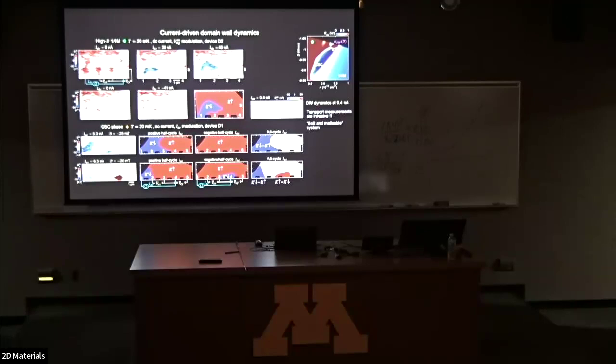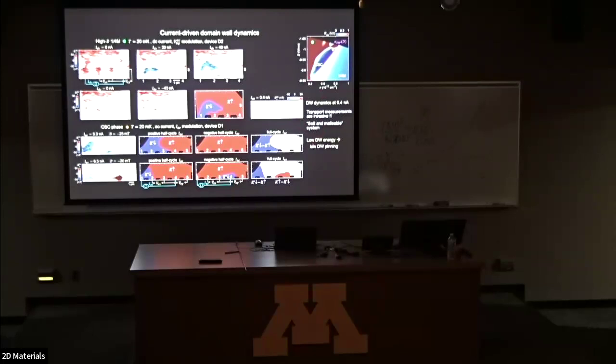So as I said, one conclusion is that one has to be careful because transport itself is no longer a sort of innocent probe. And second is that in contrast to the quarter-metal phase, where you can think of the system as sort of rigid in the sense of symmetry breaking, this entire region to the left of this line behaves like a very soft and malleable system, where small currents can change it significantly.